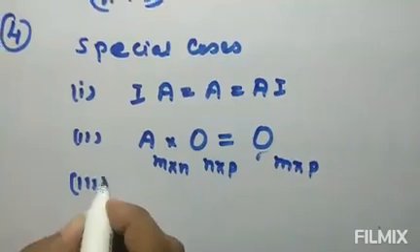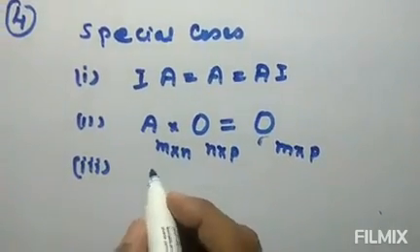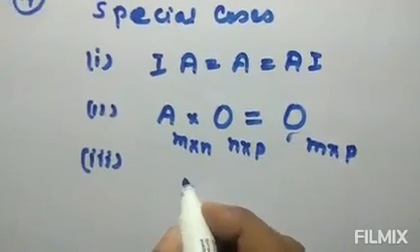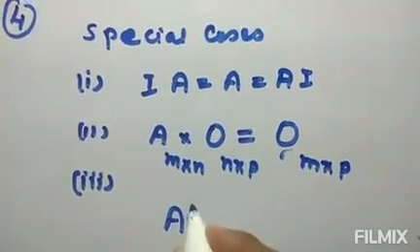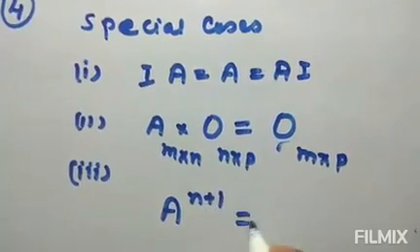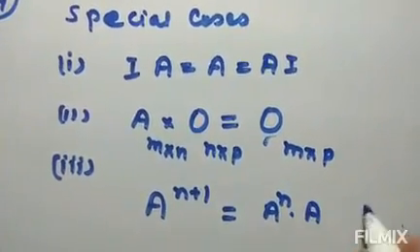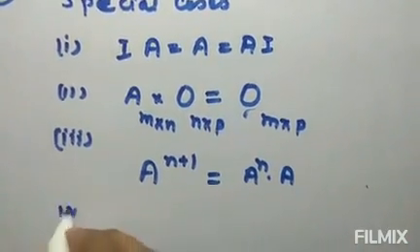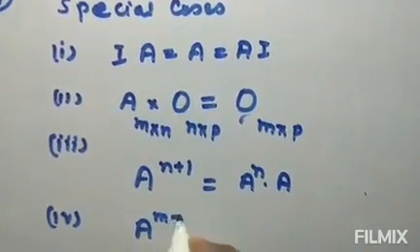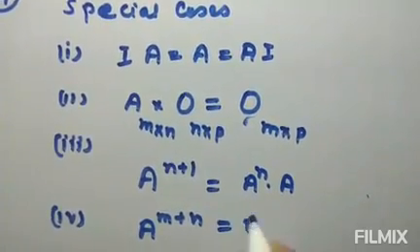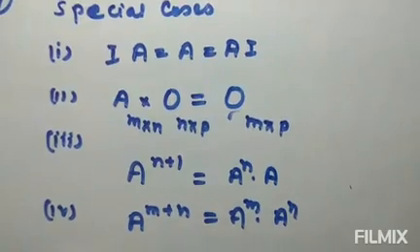Next one, if A is a square matrix, then in this case A power n plus 1 equals to A power n into A. Next one, A power m plus n equals to A power m into A power n.